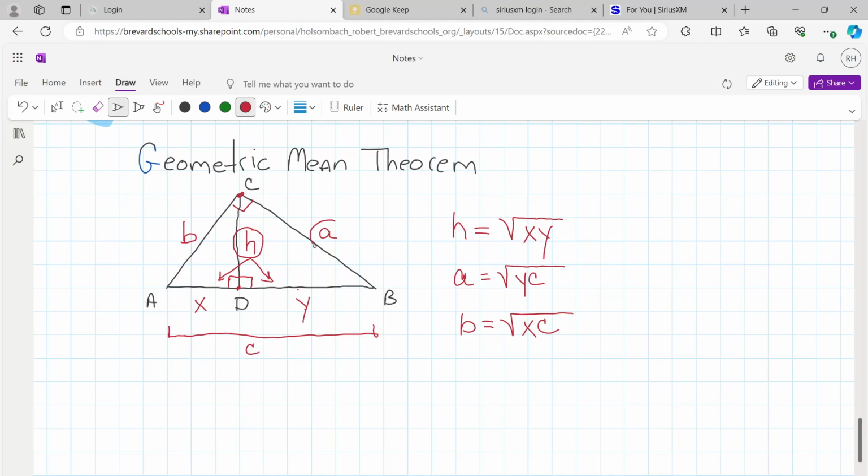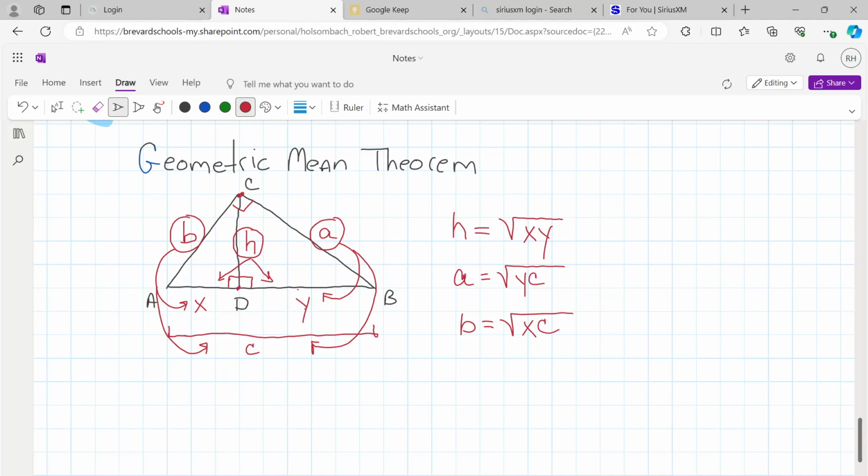That this piece is equal to the square root of this times this. And that this piece of the original triangle is equal to the square root of this piece times the entire piece.